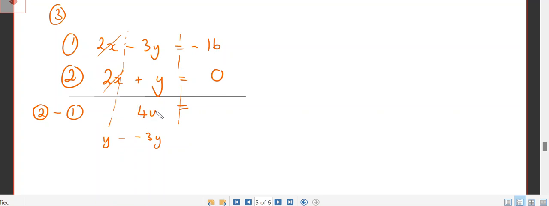Positive 4y, isn't it? Because if you subtract a negative, it's the same thing as adding. Yeah, y plus 3y. And then I've got the same thing here. Look, it's going to be 0 subtract negative 16, which is the same as 0 plus 16, which equals 16. Yeah. So at this stage, we've got 4y must equal 16, therefore y must equal 4.